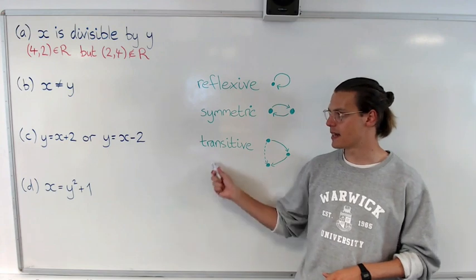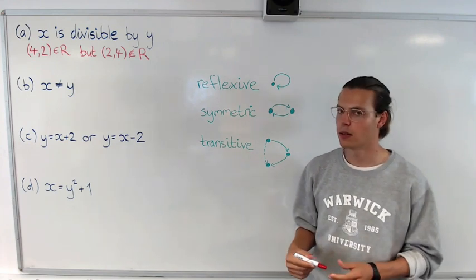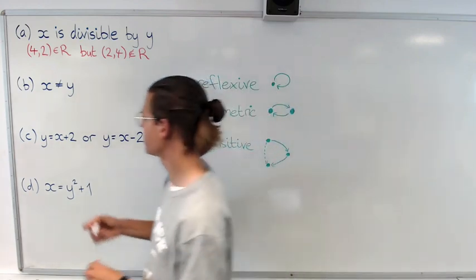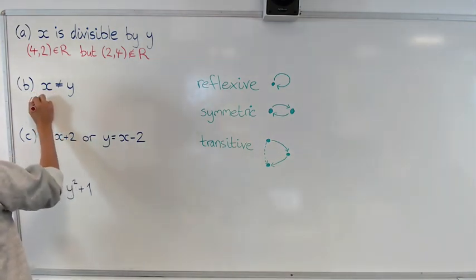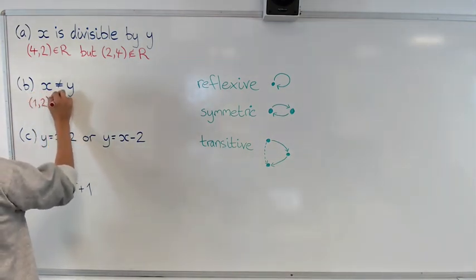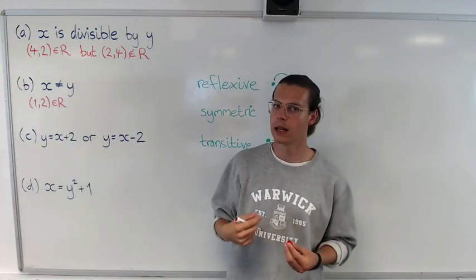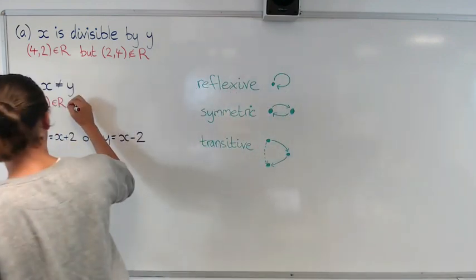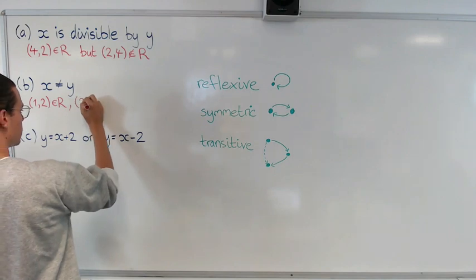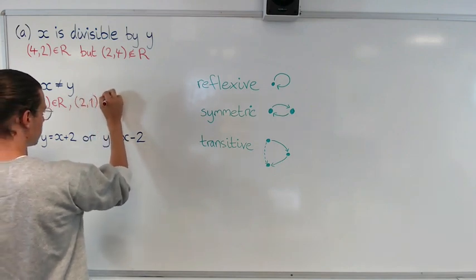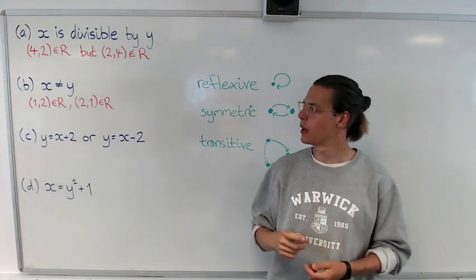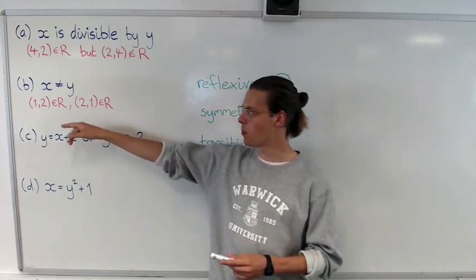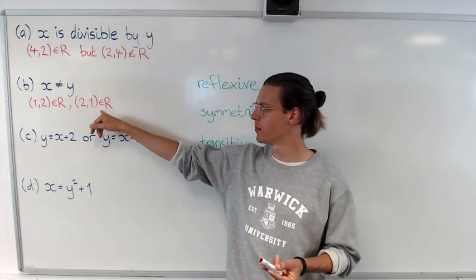And finally, is this a transitive relation? Well, 1 is related to 2, since 1 is not equal to 2. And 2 is related to 1, since 2 is not equal to 1. If this were a transitive relation, then that would tell us that 1 is related to 1.